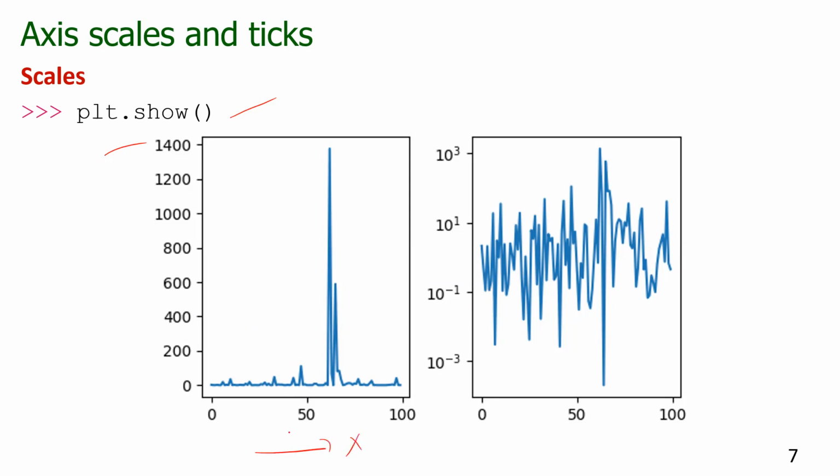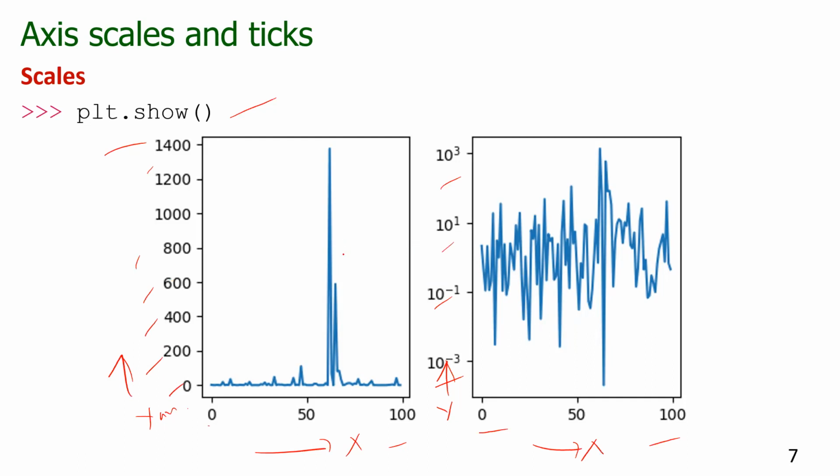This is x-axis. This is y-axis. The second one x-axis, second one y-axis. This range is 0 to 100. Here this is 10 power value. We have taken 10 power minus 3, minus 1, 1, 3. Here the y values are 0 to 100, 400, 600 and so on.